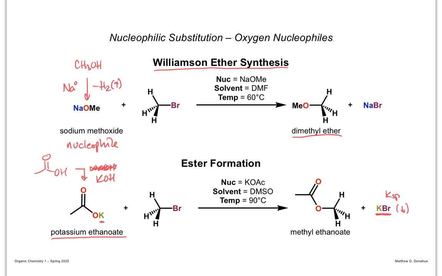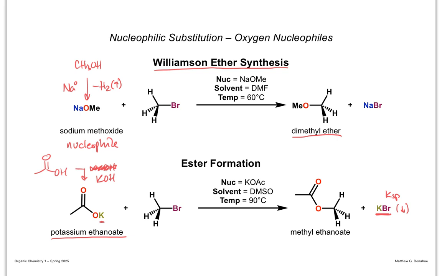So you could determine, hey, potassium bromide is not very soluble, so it's going to crash out once it's formed, and that helps drive the reaction forward. But any lithium, sodium, or potassium hydroxide you can use to generate that carboxylate.